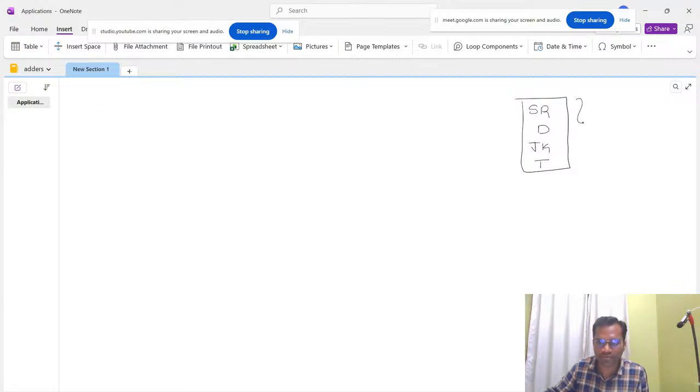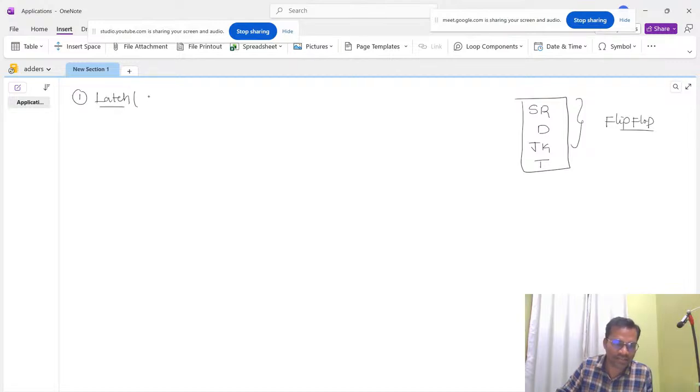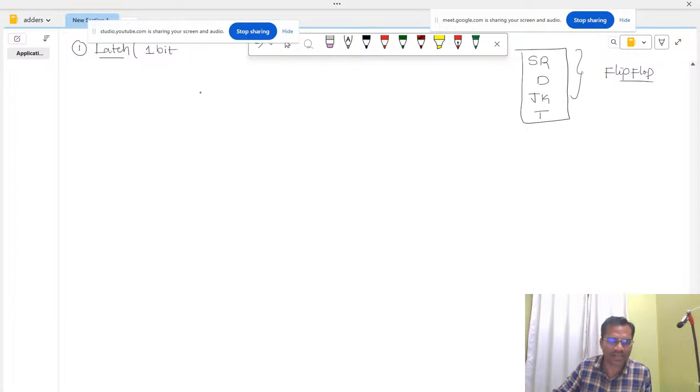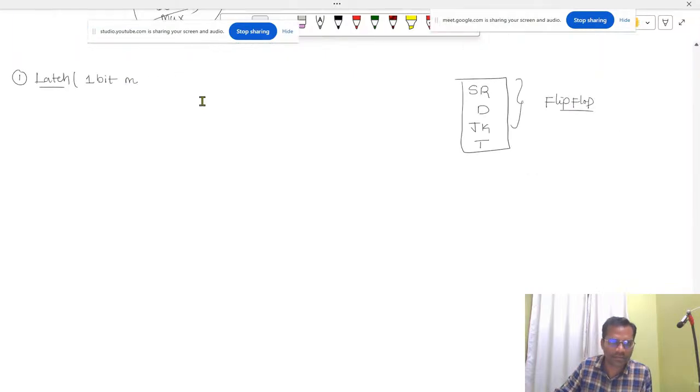So these four are called flip-flops. In order to define these flip-flops, we first need to understand the latch. A latch is nothing but a 1-bit memory storage element. So a latch is a 1-bit memory storage device, and it exhibits bistable behavior in nature.